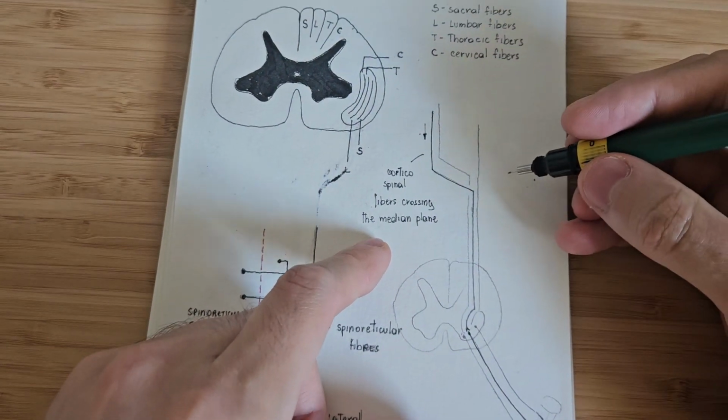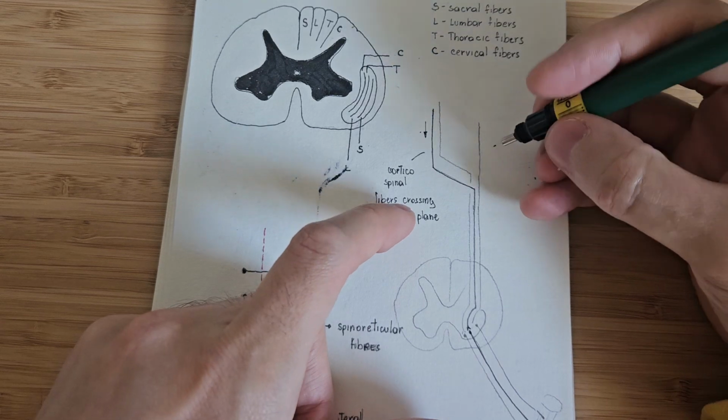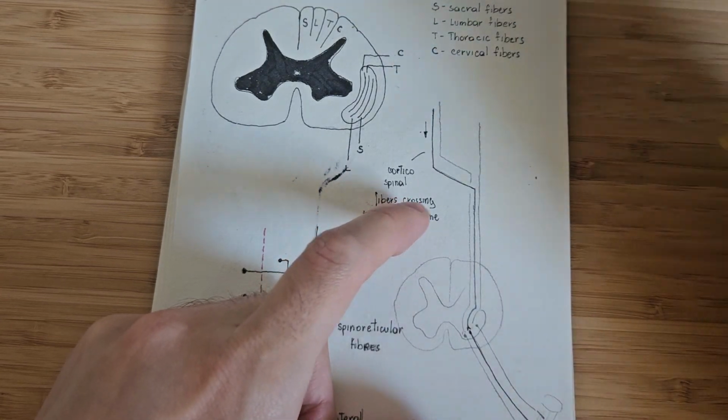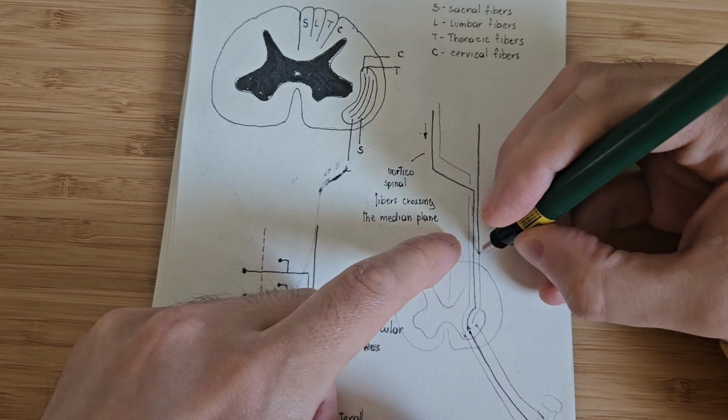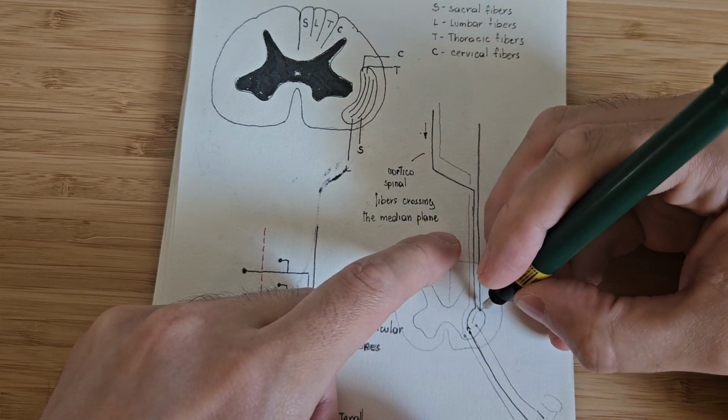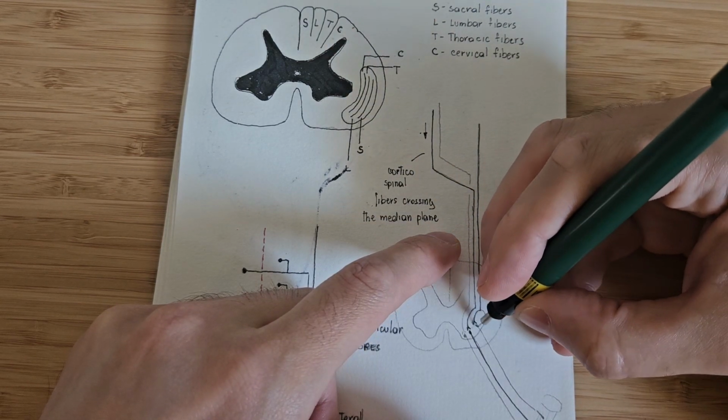And here we have the uncrossed corticospinal fibers, all the way down to this part.